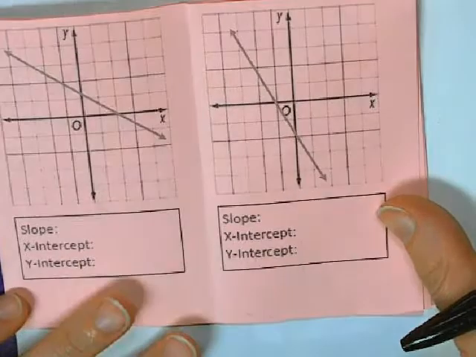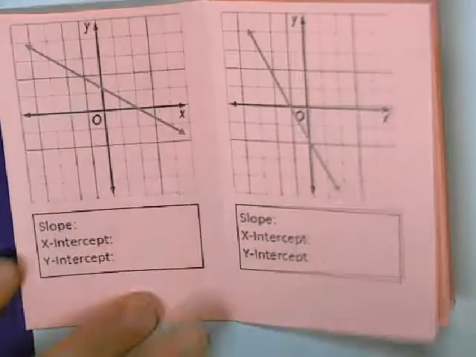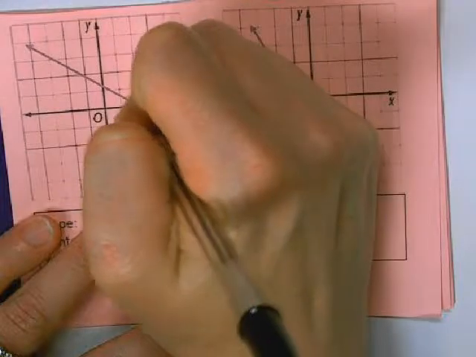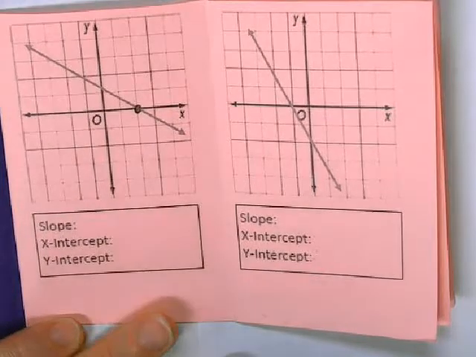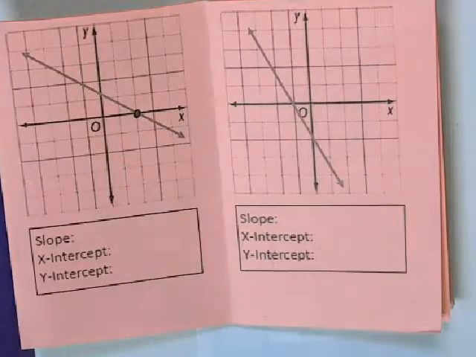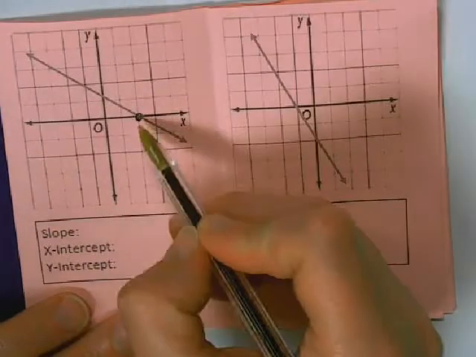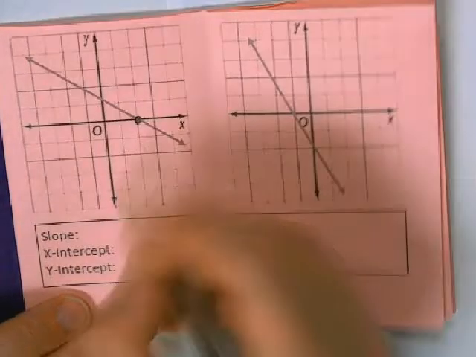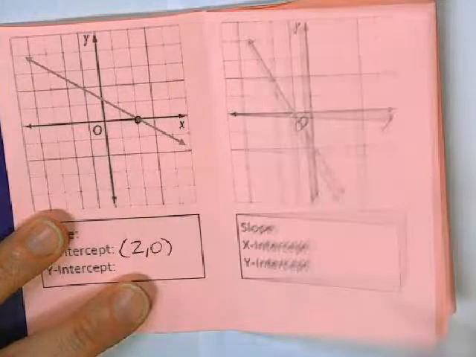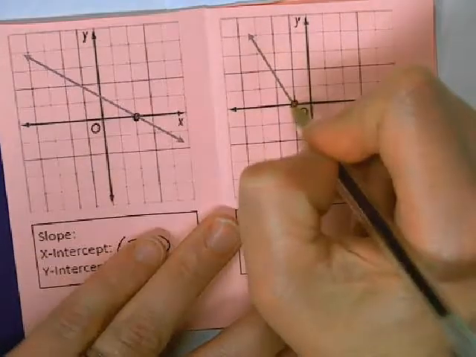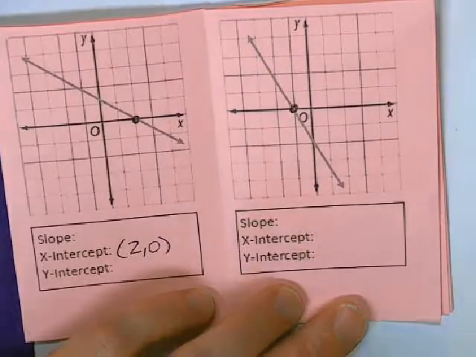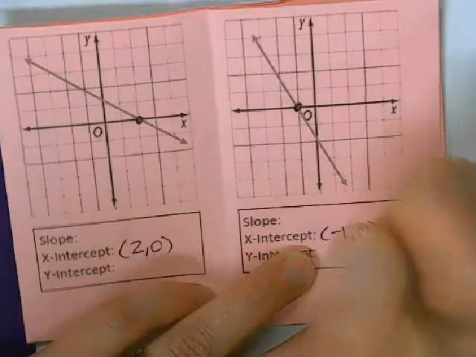So the first thing I want to do is go find the x-intercept for all of them. So that's where it crosses the x-axis, right? So x-intercept, that's going to be where it touches the x-axis. So here we go, it touches the x-axis at 2, so this is at 2, 0. This one touches the x-axis at -1, so it's -1, 0.